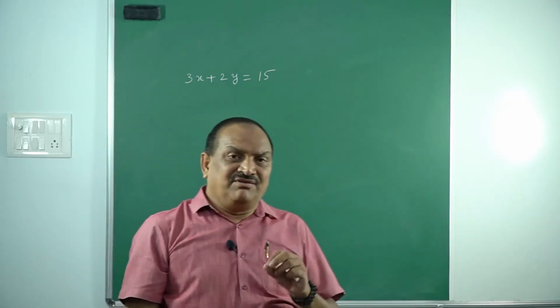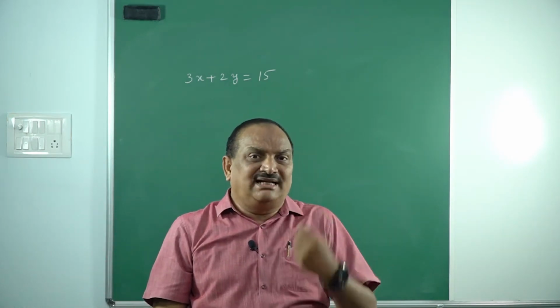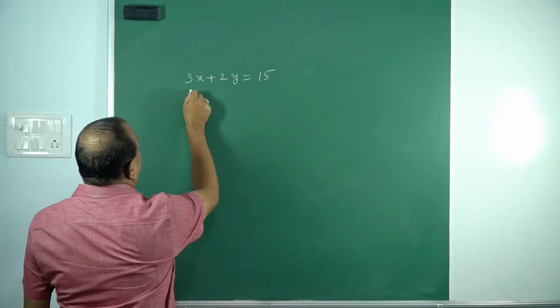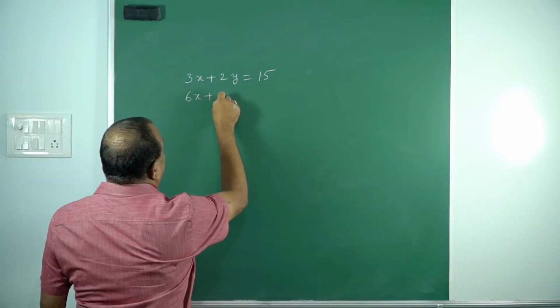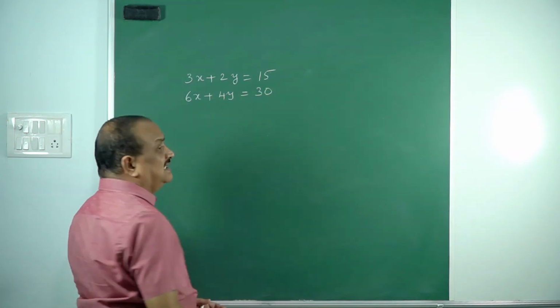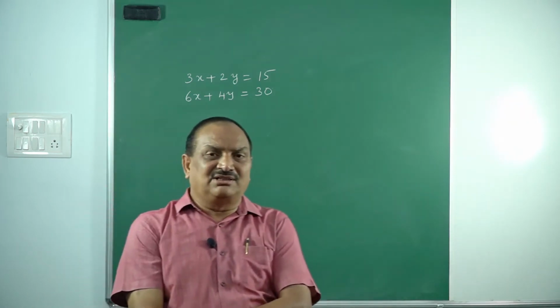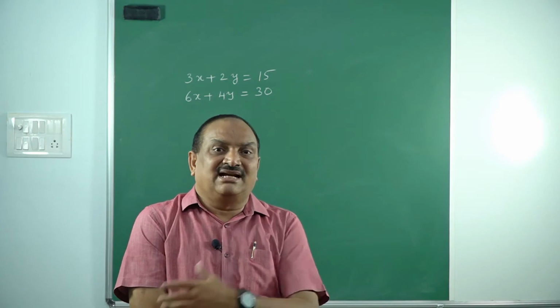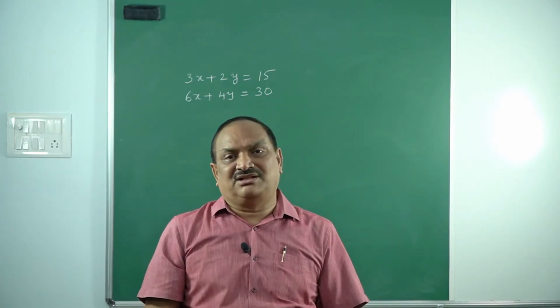Okay, I am given one line. Now I want to write another line. But how did I start? I doubled this one, I doubled this one, and I doubled this one also. It's not a contradiction. Remember that. I am not saying something against the first one. But the second one is not different from the first one.